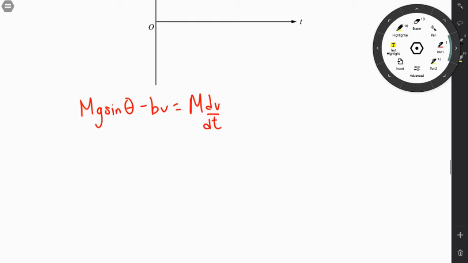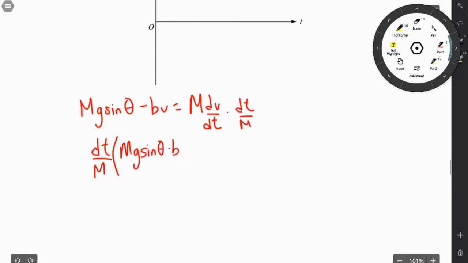Okay, so here's where I messed up in class a little bit. We need this mg sine theta minus bv on the right-hand side, and we need everything else on the left-hand side. So I'm basically going to multiply both sides by dt over m. It'll get rid of it over here, and it'll show up on the other side, just leaving me my dv on my right-hand side.